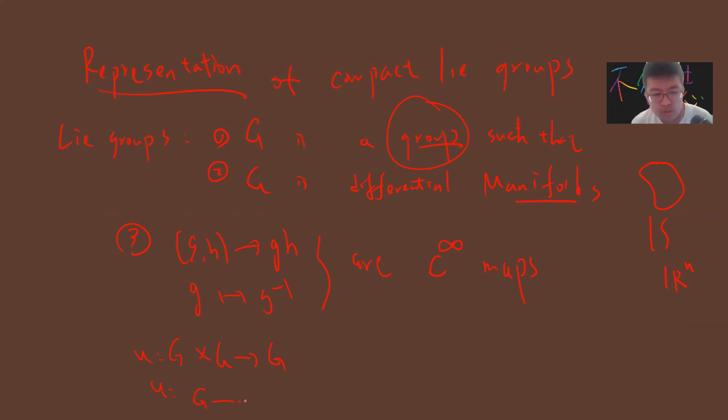And g mapping to g inverse is also a map between manifolds. So you can give a definition of C infinity just by using local charts. Okay, so these are the definition of Lie groups.